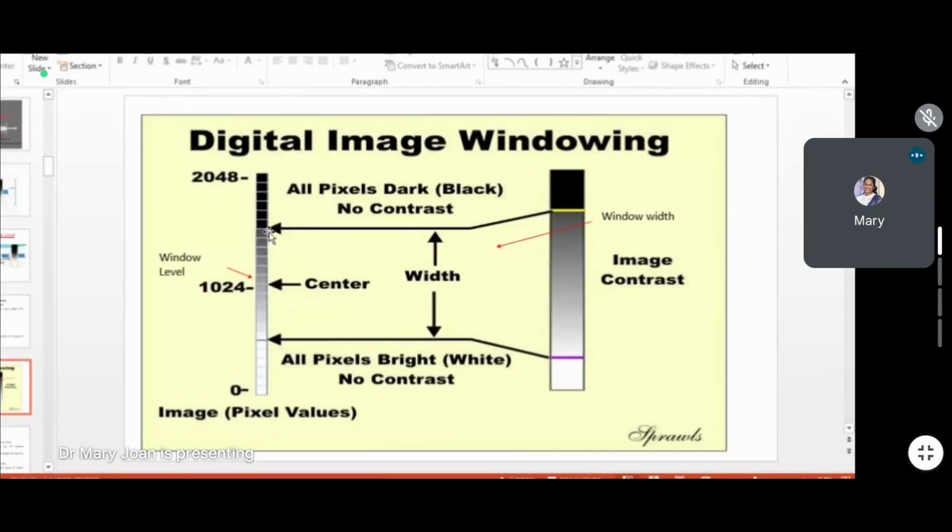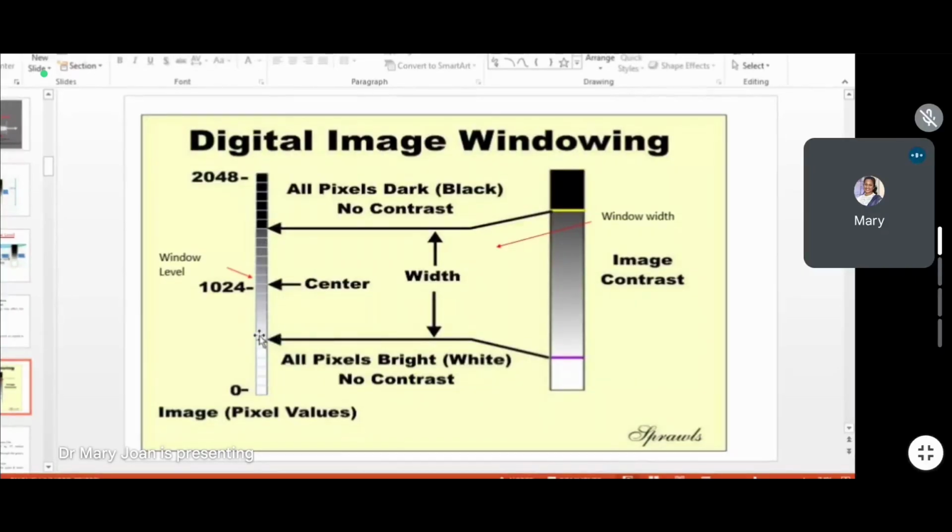When it is black or white, there is no contrast, and when it is in the shades of gray, there is a difference in the contrast. So this is the useful contrast range where we can identify two different pixels as two different colors.